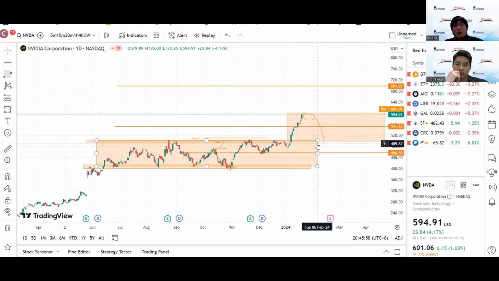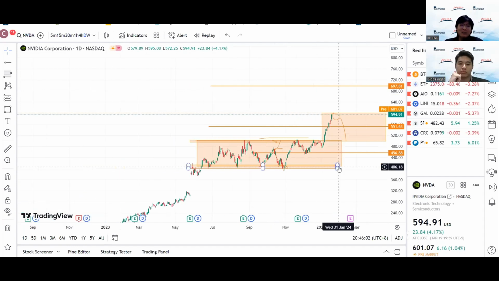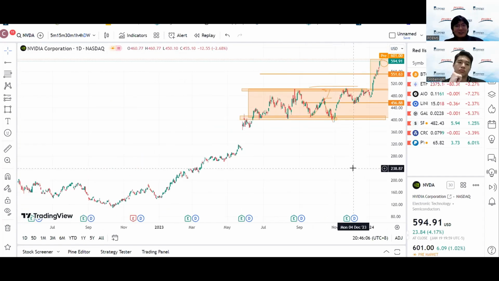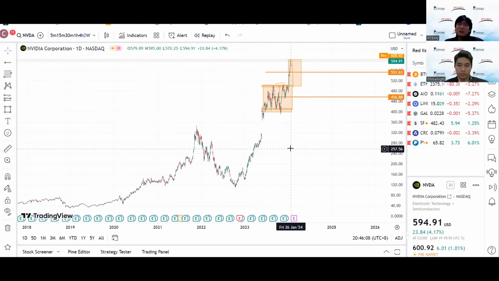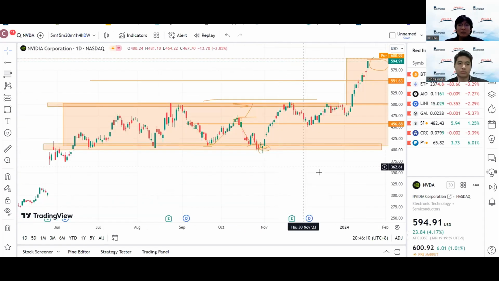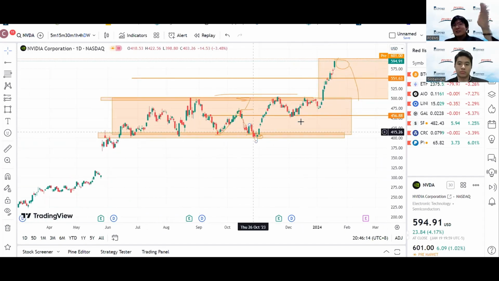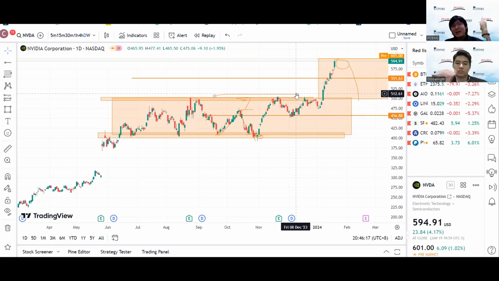So for now, NVIDIA, your next profit target, say real lah, I don't know how you want to take profit for NVIDIA already, because it has been running and running. 600, I would say, is a very good area to take profit. It also depends on where you went in. If you went in at 400, 600 is really very good. Even if you went in at 500, 600 is also considered not bad.